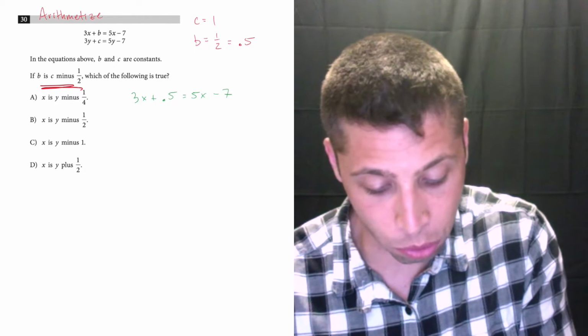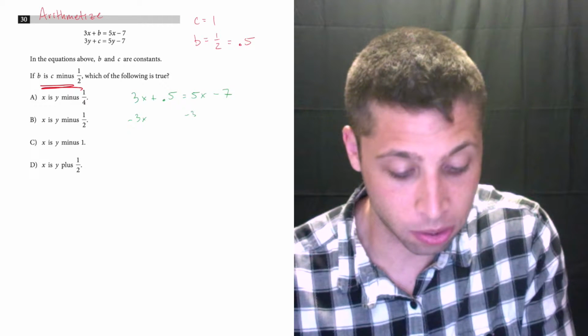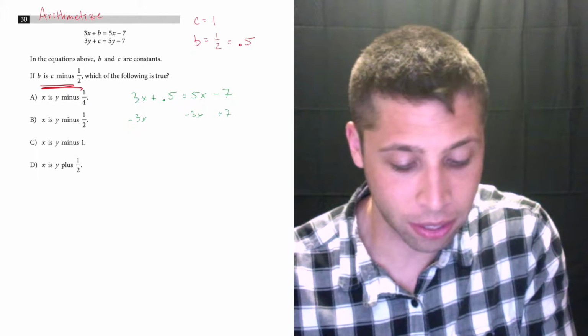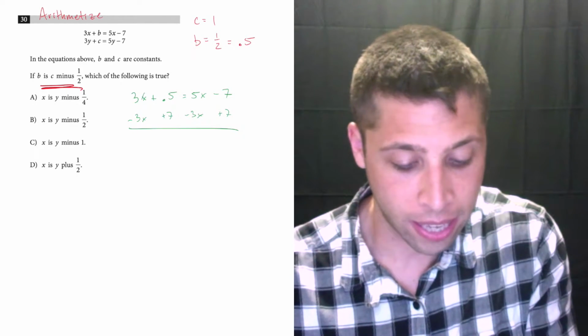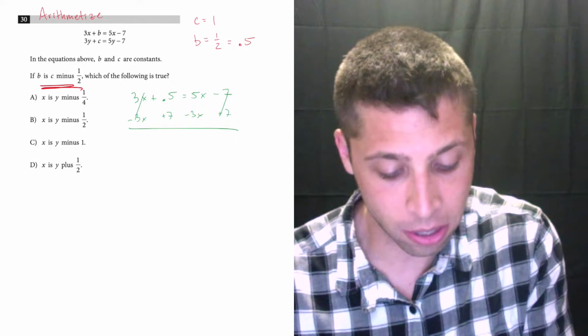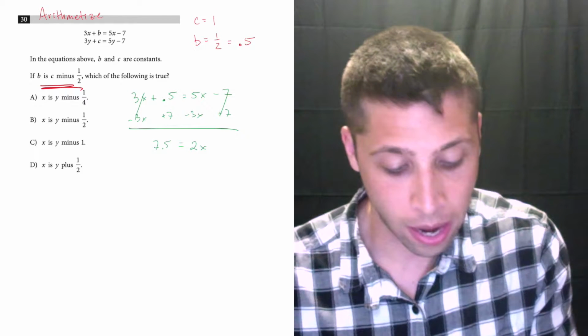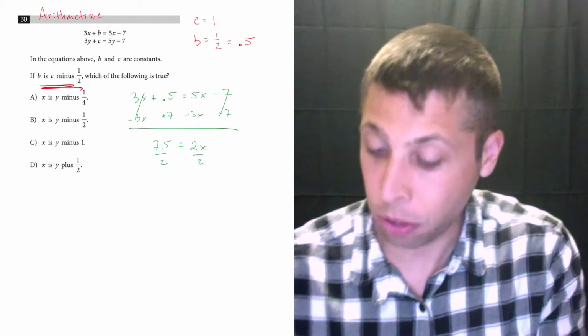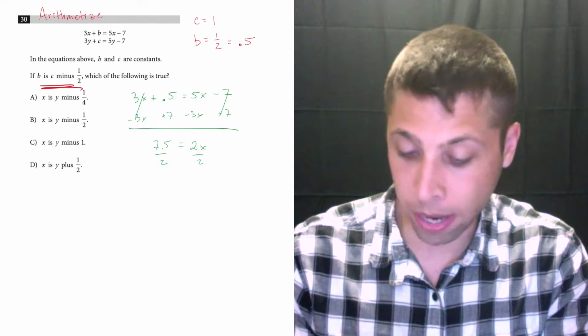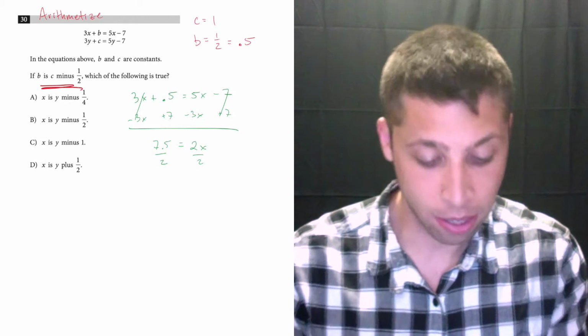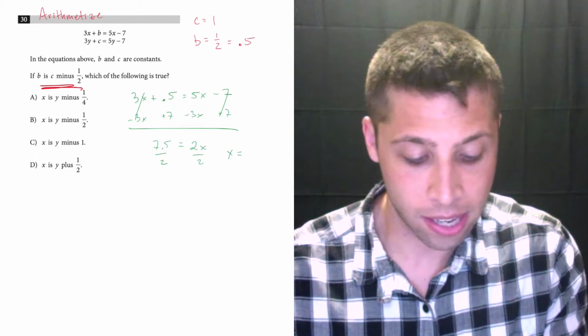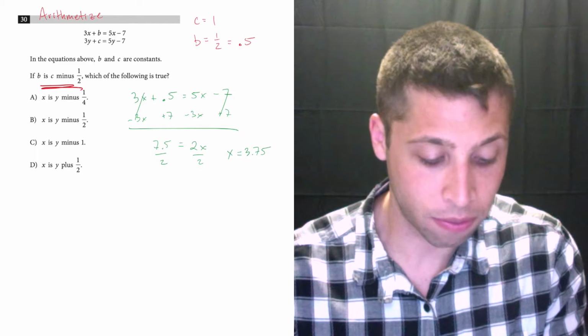I would subtract 3x from both sides, and I'd also add 7 to both sides, and that gets rid of a lot of pieces here, and we get 7.5 is equal to 2x, and then I would solve for x by dividing by 2, and we've got the calculator, might as well use it, even if you can do that in your head. We're going to get that x is 3.75.